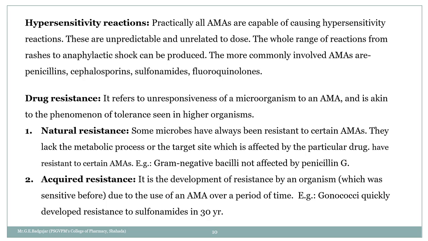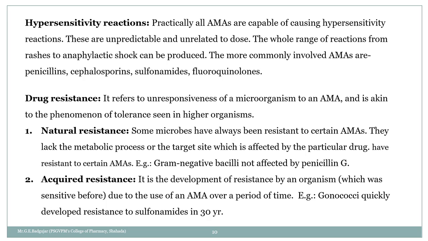Natural resistance means some microbes have always been resistant to certain antimicrobial agents. They lack the metabolic process or the target site which is affected by the particular drug, so they resist the effect of that drug. For example, gram-negative bacilli are not affected by penicillin G. So penicillin G does not produce any action, or is not effective against gram-negative bacteria. This is an example of natural resistance.